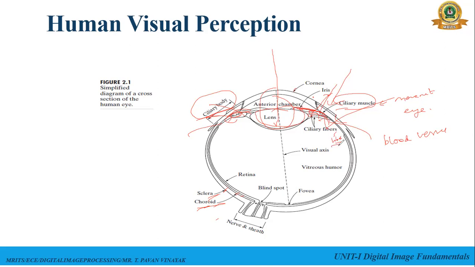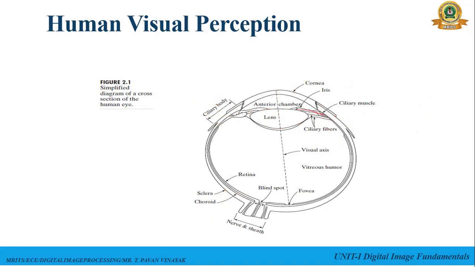To avoid this, the ciliary muscles consist of iris. The iris is coated with a black pigment, to avoid the light entering from the other sides, other directions, except through the focal length.